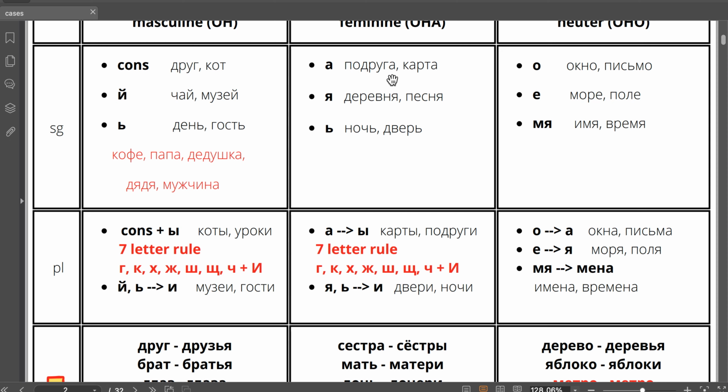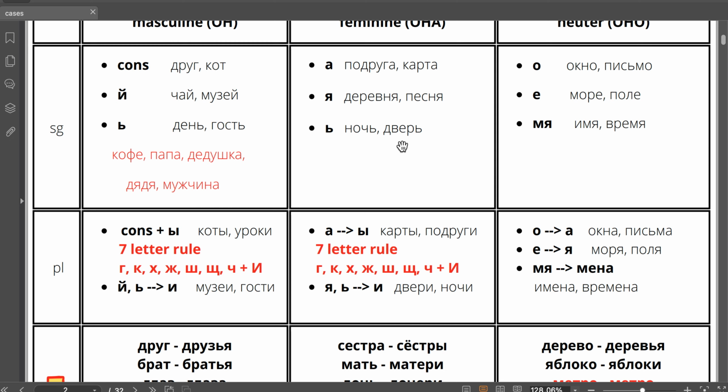Подруга, female friend, becomes подруги. Again, special letter, special rule: never ы after this letter, only и. When you have я ending or a soft sign, you change it to и.